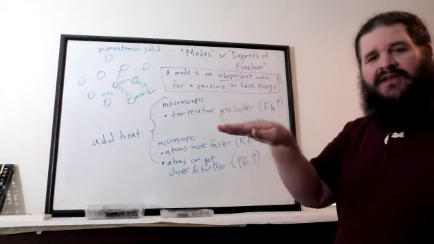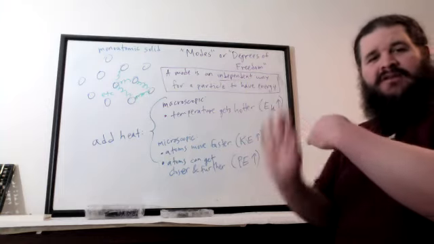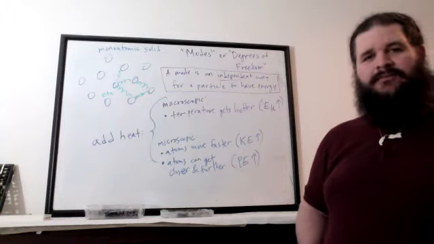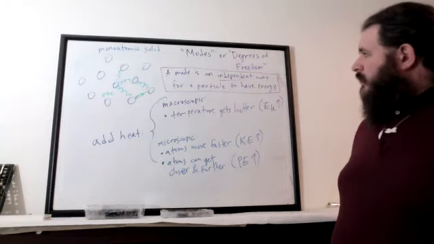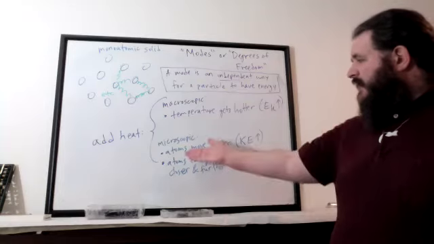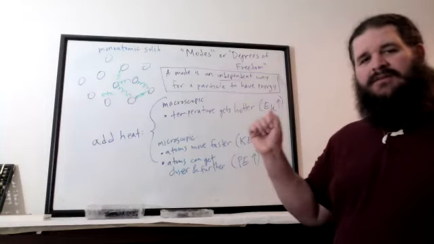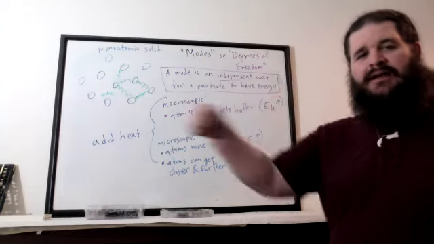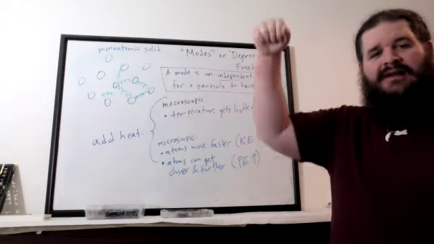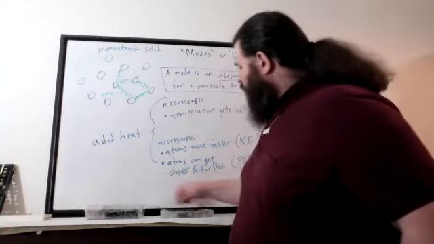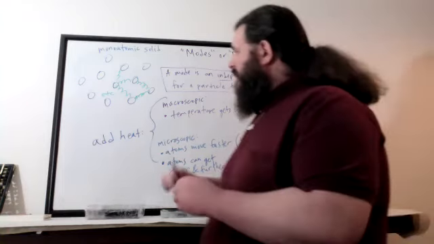The x-axis is independent from the y-axis, which is independent from the z-axis. There are 3 independent directions or dimensions. So because of that, we would say that the atoms have 3 different ways of having kinetic energy. You could have kinetic energy because you're moving in the x direction, kinetic energy because you're moving in the y direction, kinetic energy because you're moving in the z direction. So we would say that that's 3 kinetic energy modes.